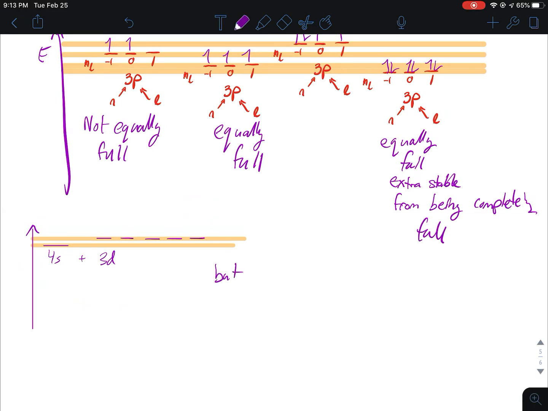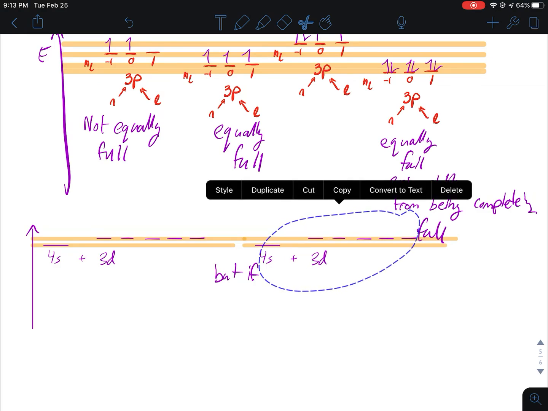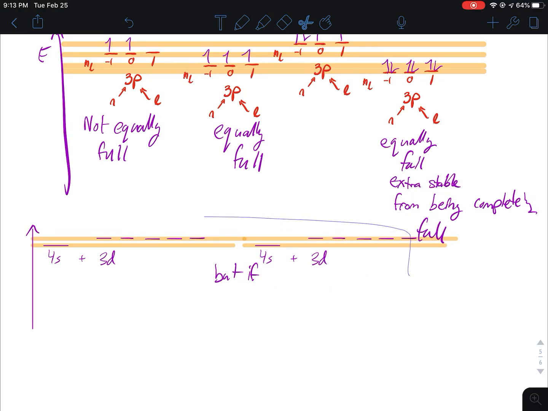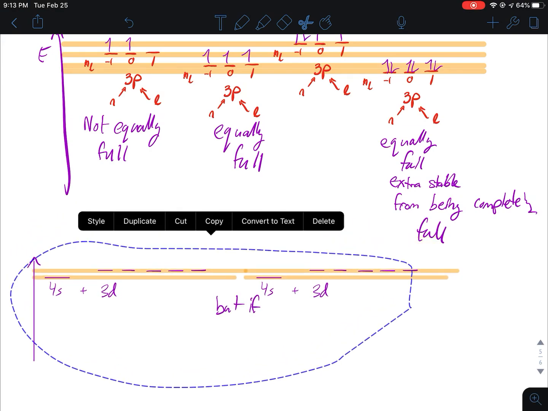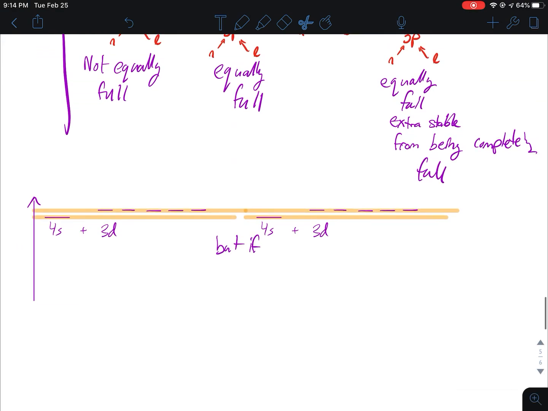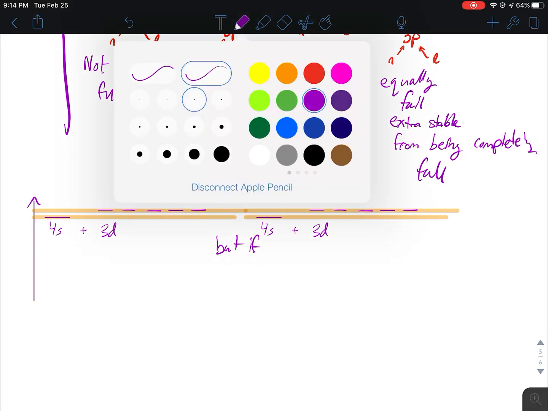Okay. But if you had the same setup, all right, I'll just move everything down here.